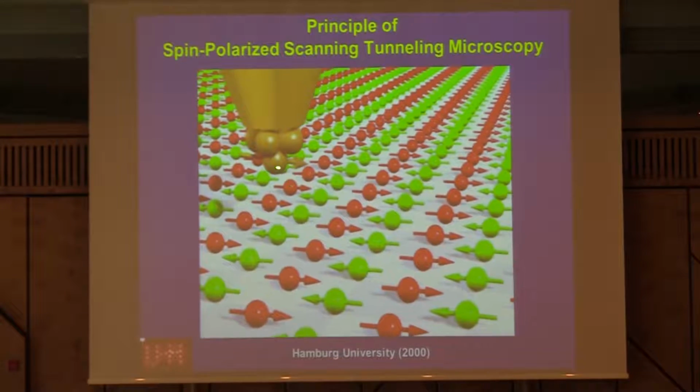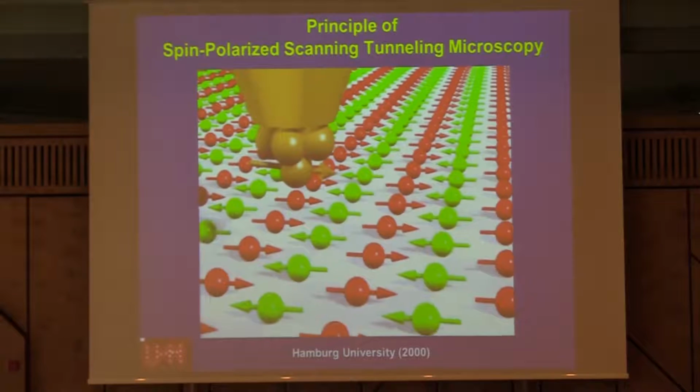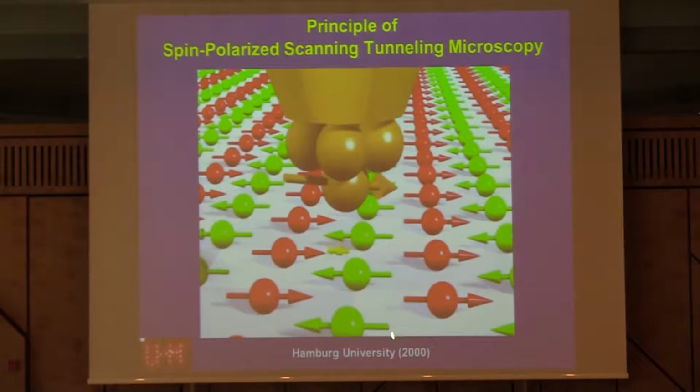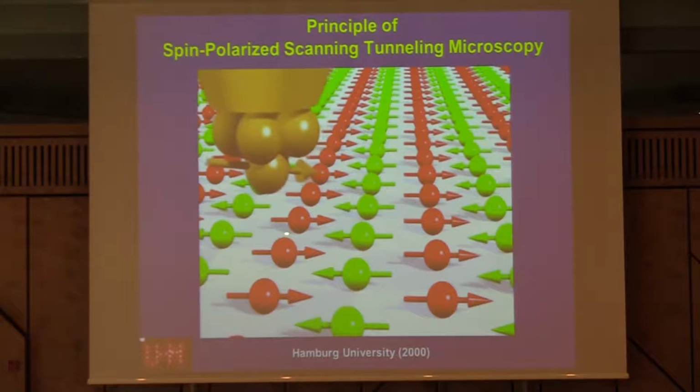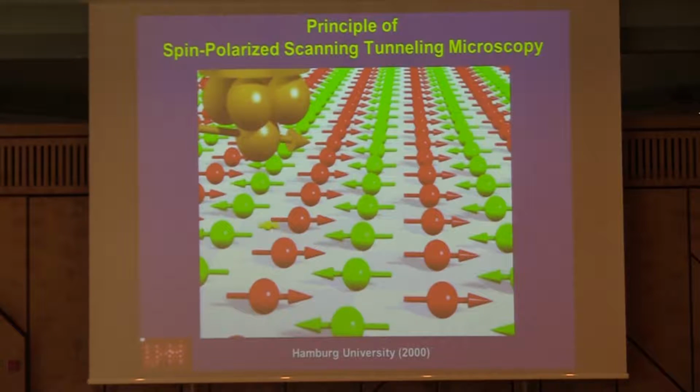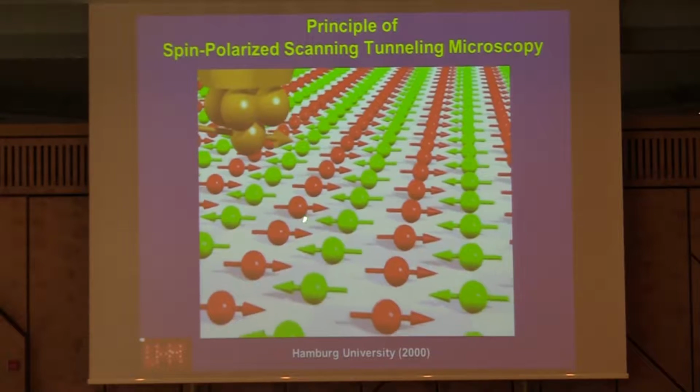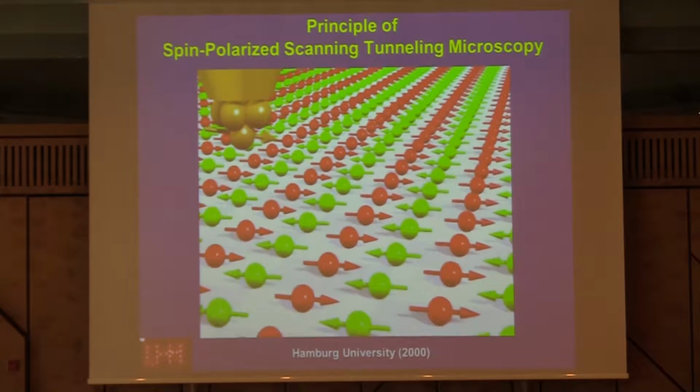Then we approach this tip with a very well-defined spin orientation and measure the spin-polarized tunneling current flowing across the tunnel junction, and one can see that this tunneling magnetoresistive effect can be measured also on the atomic scale. You can see the variation in spin-polarized tunneling current on the atomic level. And again, the constant current mode is used to transfer the information about the spin quantization in space into an apparent topographic height change.